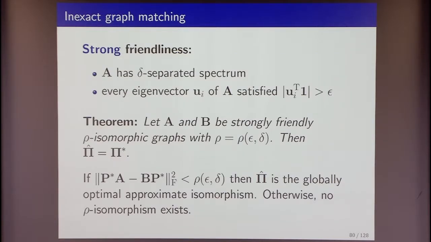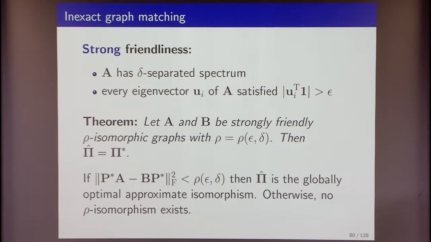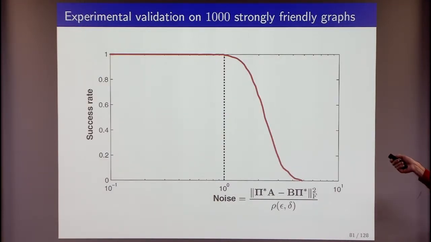Well, actually, I was expecting to get that, because of this very crude analysis, I was expecting to get something that is very far from being tight, but actually here it appears that there are some graphs that start violating this bound already for a very small amount of noise. And then, of course, as you increase the amount of noise, there is higher and higher probability of not being able to recover the isomorphism.